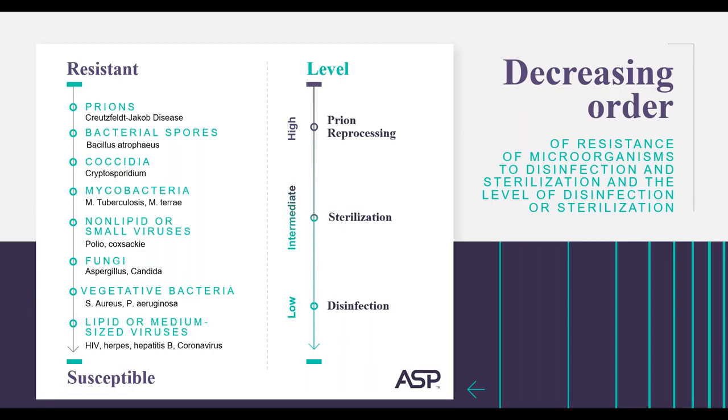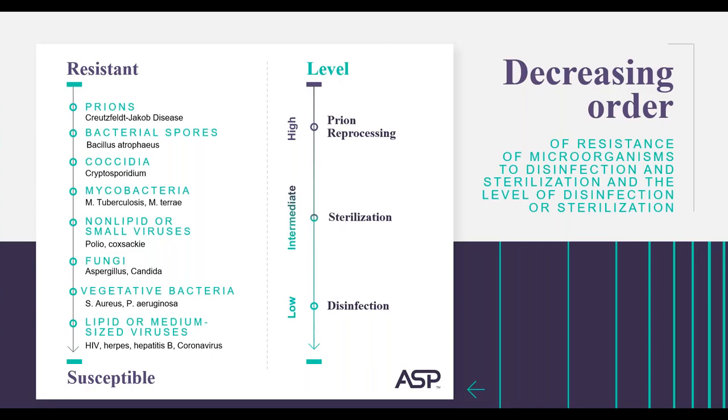When we look to the right, this isn't to scale, but when we're talking about destruction of microorganisms, and we think about high-level disinfection, high-level disinfection kills everything but some bacterial spores, whereas sterilization kills everything, including bacterial spores. Well, you're probably thinking, well, what about prions? Well, prions are in a class by themselves.